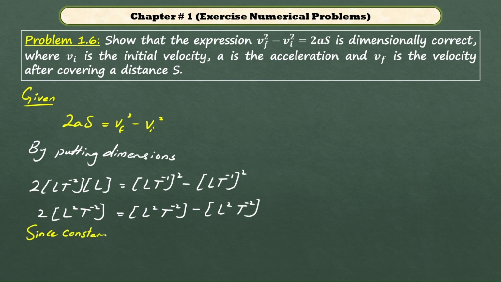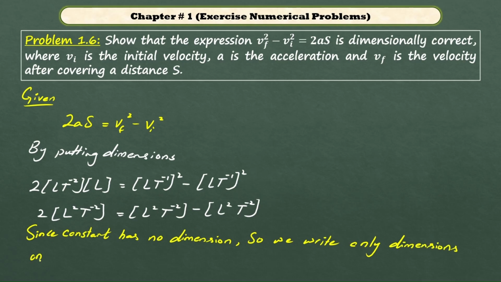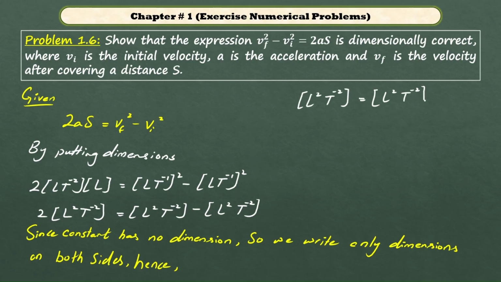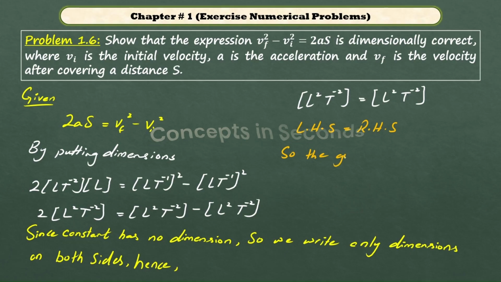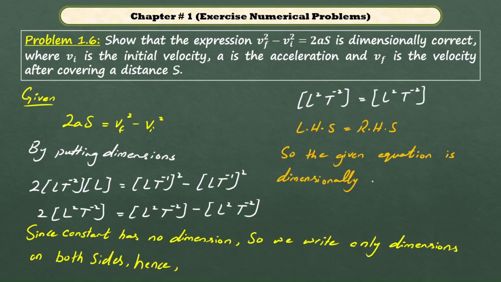Since constant has no dimension, so we write only dimensions on both sides. Hence L square t minus 2 is equal to L square t minus 2. Left hand side is equal to right hand side. So the given equation is dimensionally correct.